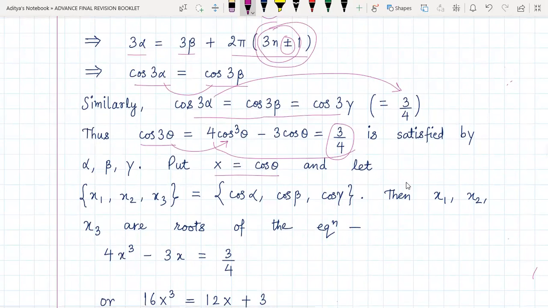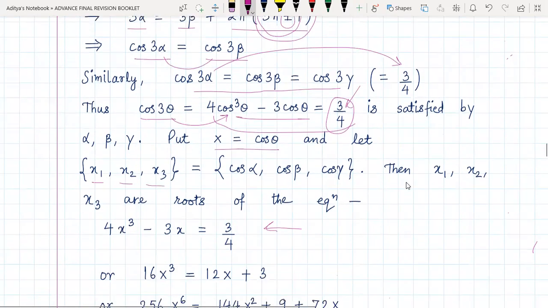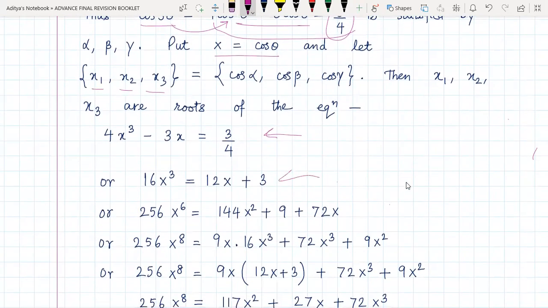Those roots we are calling x1, x2 and x3. So these are going to be the roots of the equation 4x cube minus 3x equal to 3 by 4. I've just replaced cos theta by x. So on rearranging, this is the equation that we get.